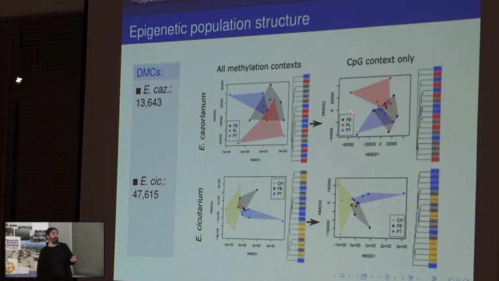However, the CG context was pretty consistent with all methylation contexts again, sorry. So we can conclude that epigenetic structure is stronger within population than between populations. We have a lot of individuality, epigenetically speaking.